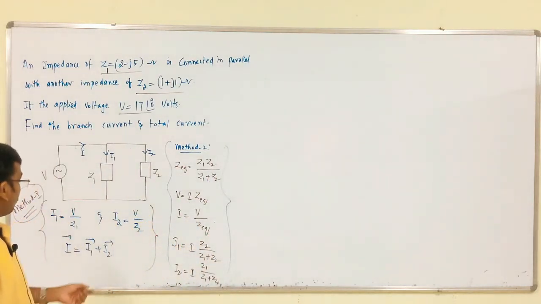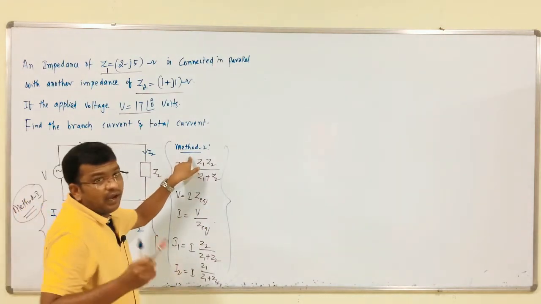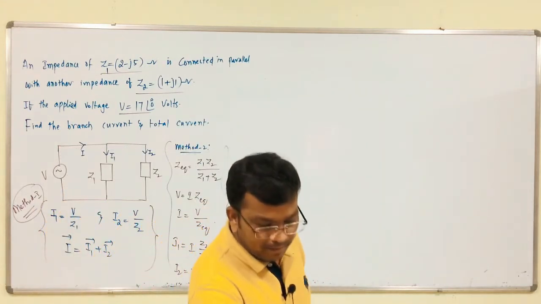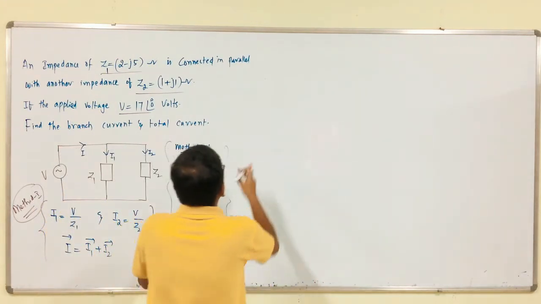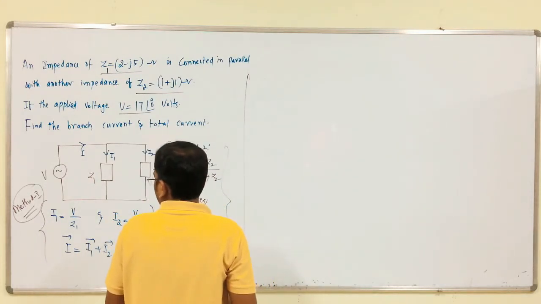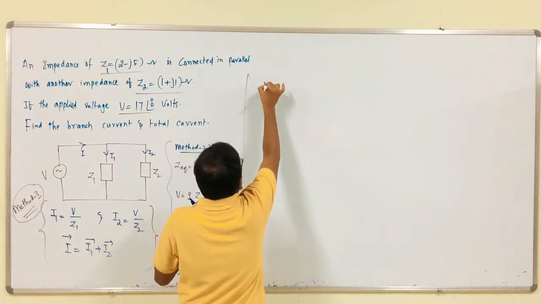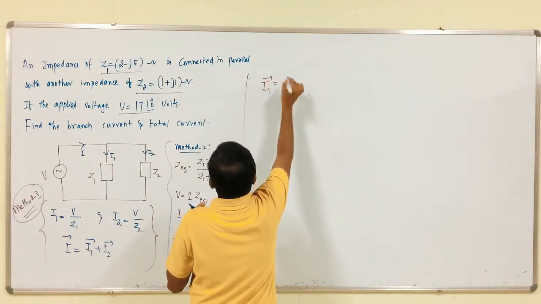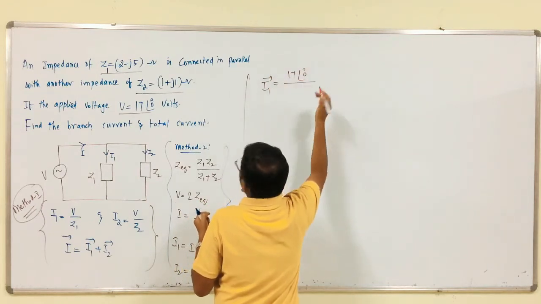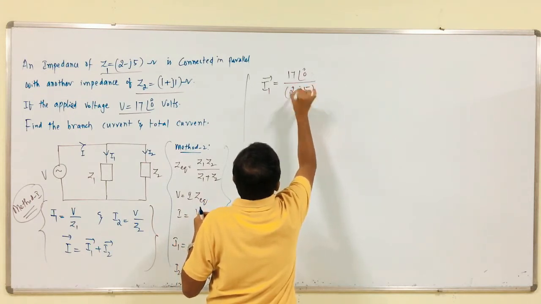Now, I am going to solve this problem with respect to this method 2, you have to calculate. So, first I1 is nothing but total voltage, 17 at an angle 0 by 2 minus J5.